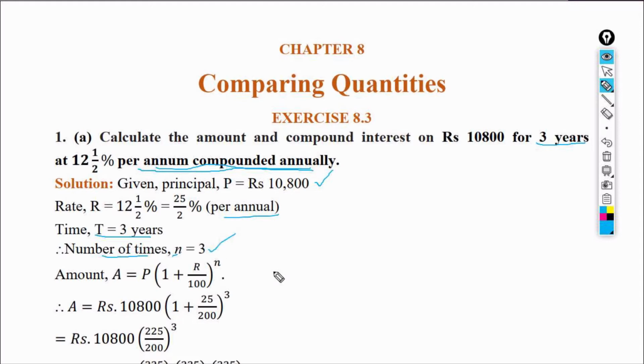Now very simple. You have to use the formula to find amount. A equals P into 1 plus R by 100 to the power n.